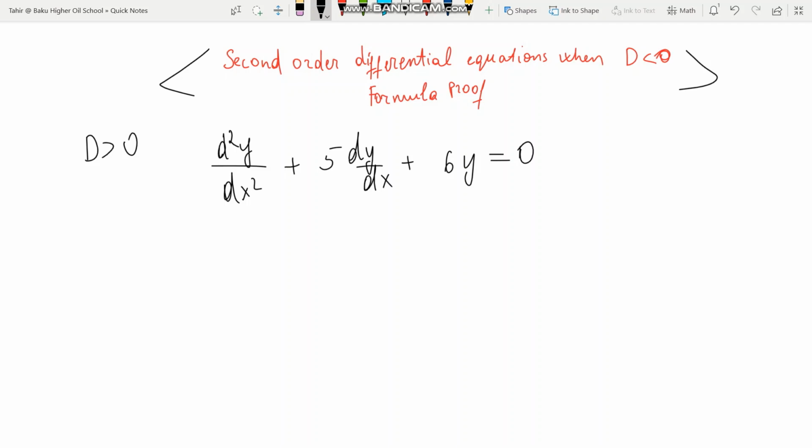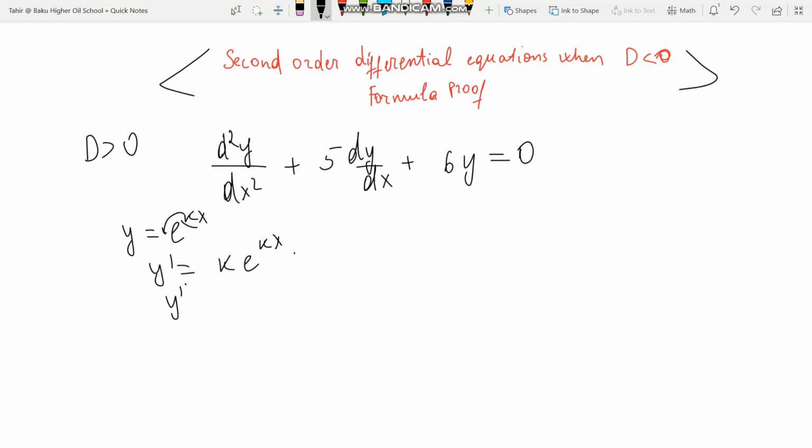And in order to find the solution, we should take y equal to e to the power kx, because each time we find the derivative of e to the power x, we get the same result, and the only different variable here is the power k, because when we find the derivative, the k will come here. And for example, let's just write here k e to the power kx.